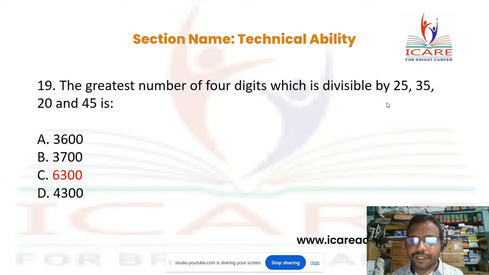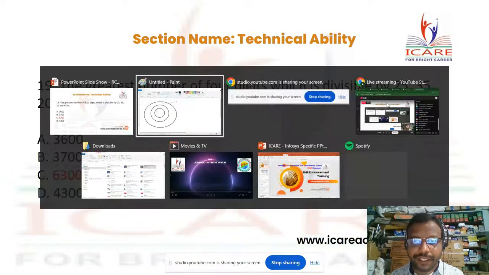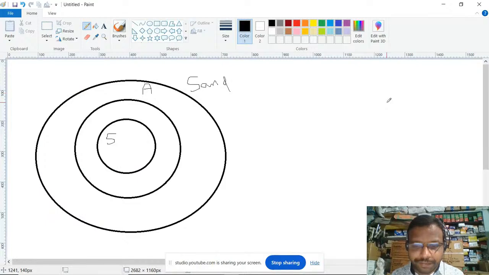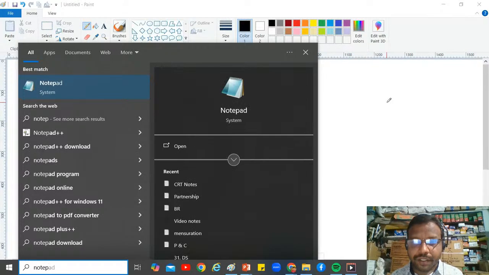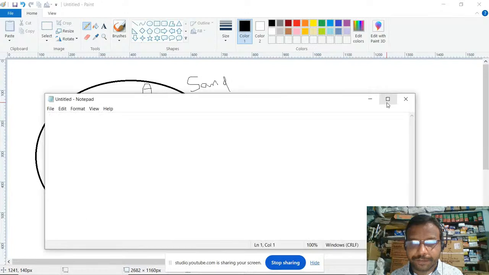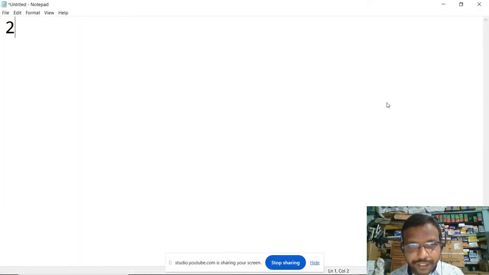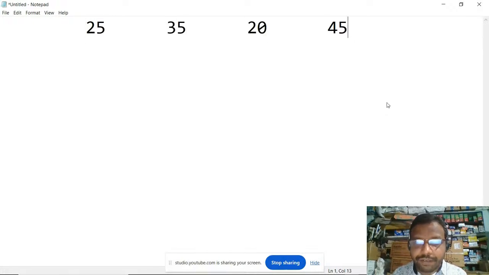Clear? So if you have to take 25, 35, 20 and 45, LCM, so 25, 35, 20 and 45.